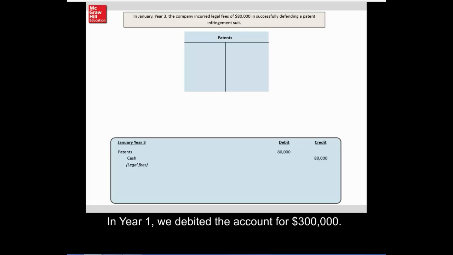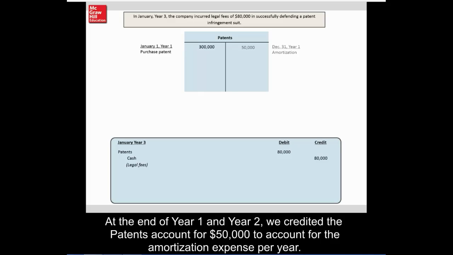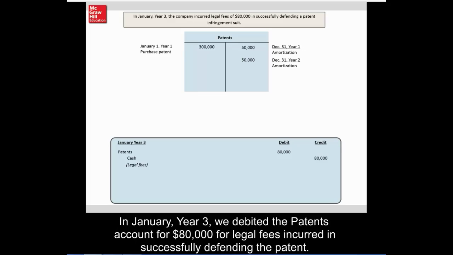In year 1, we debited the account for $300,000. At the end of year 1 and year 2, we credited the patent's account for $50,000 to account for the amortization expense per year. In January year 3, we debited the patent's account for $80,000 for legal fees incurred in successfully defending the patent.